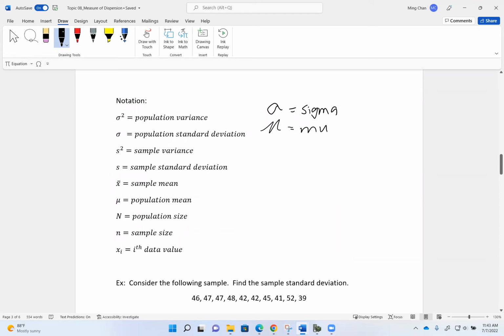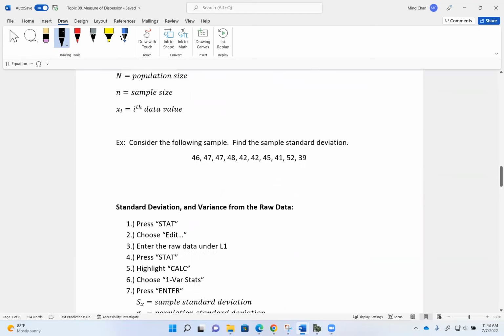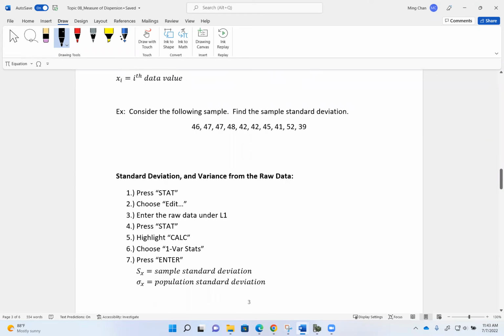Rather than find our standard deviation by hand, we can use a calculator to help us. When you see individual data values, this is called raw data. Here are the steps on how to find standard deviation and variance from the raw data.